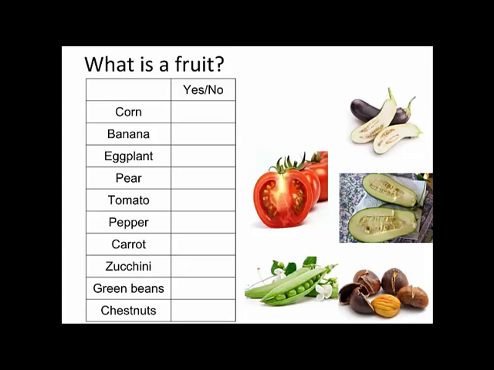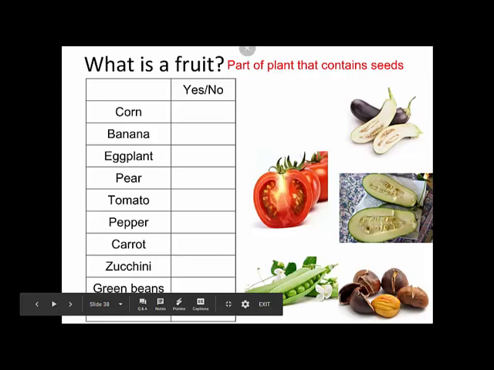So, have you ever heard people say that a tomato's actually not a vegetable, it's a fruit? Are they correct? Yes. If it has seeds in it, it's a fruit because it came from the ripened ovary. So, what is corn? It's a fruit.